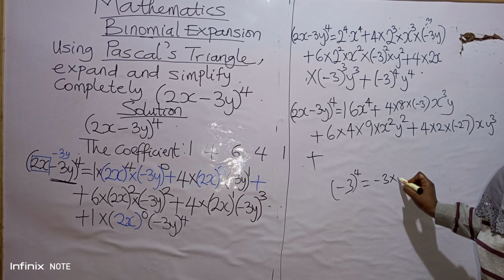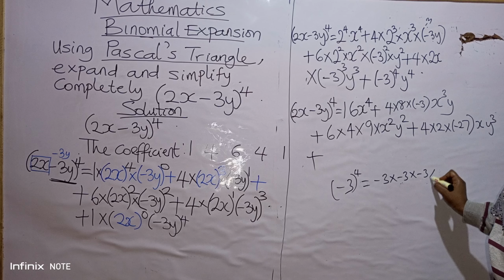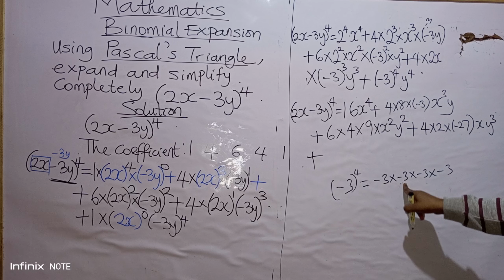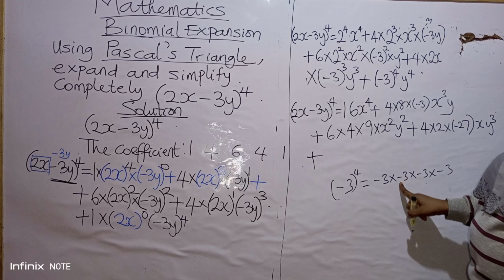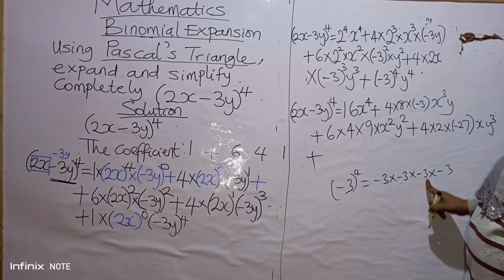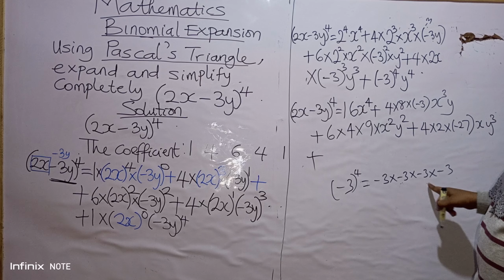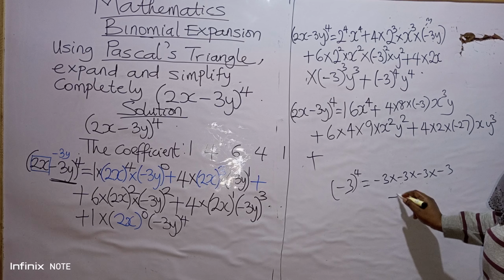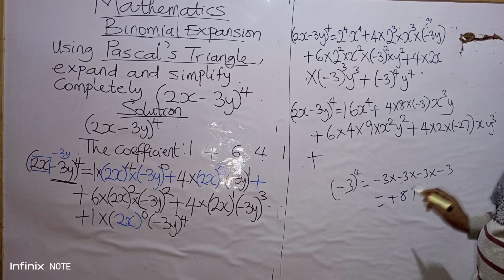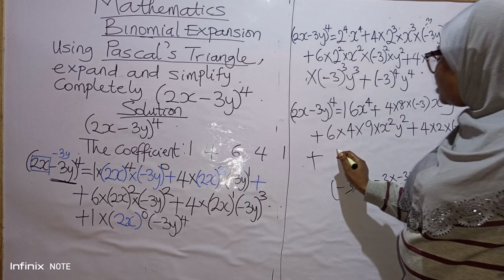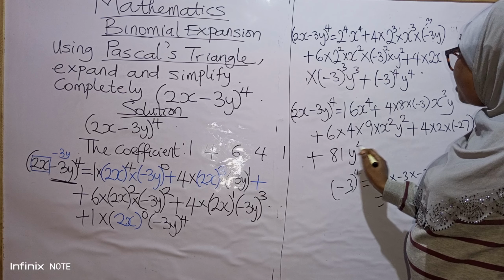Minus 3 multiplied by minus 3 multiplied by minus 3 multiplied by minus 3. Minus 3 multiplied by minus 3 is plus 9. Plus 9 multiplied by minus 3 is minus 27. Minus 27 multiplied by minus 3 is plus 81. Please take notes. So I have plus 81, then y raised power 4.